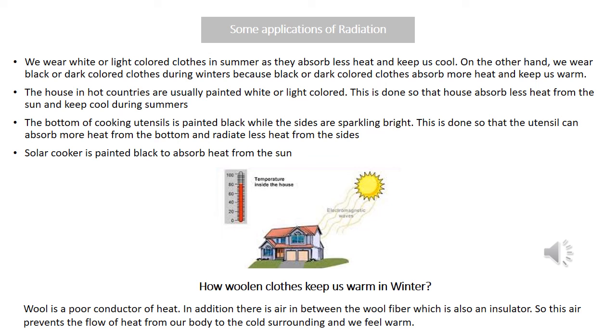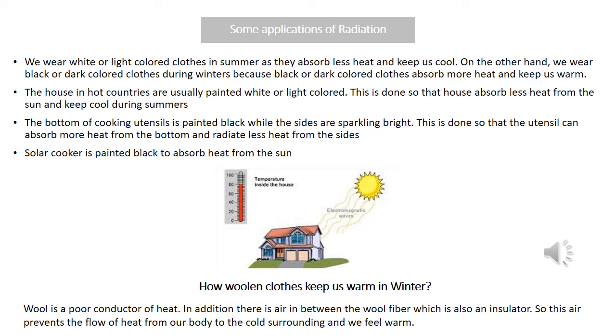Now children, see, during winters you wear woolen clothes. Why? And how do these woolen clothes keep us warm in winter? Children, wool is a poor conductor of heat. How? The woolen fabric is made up of woolen fibers, so between these fibers there is a gap.